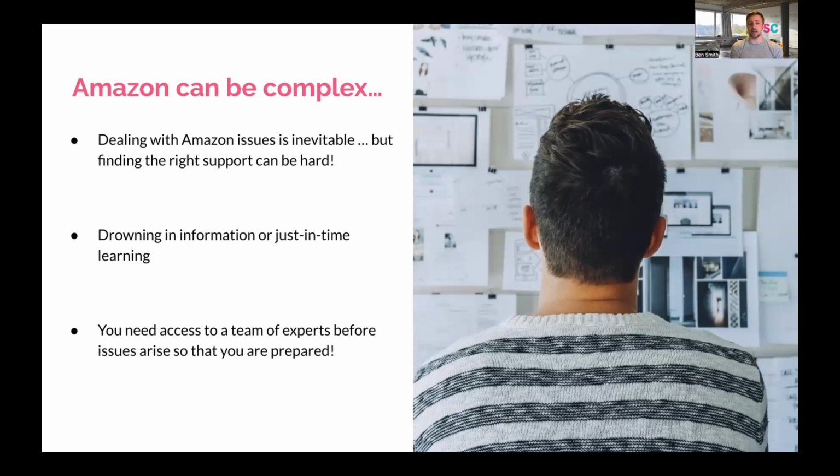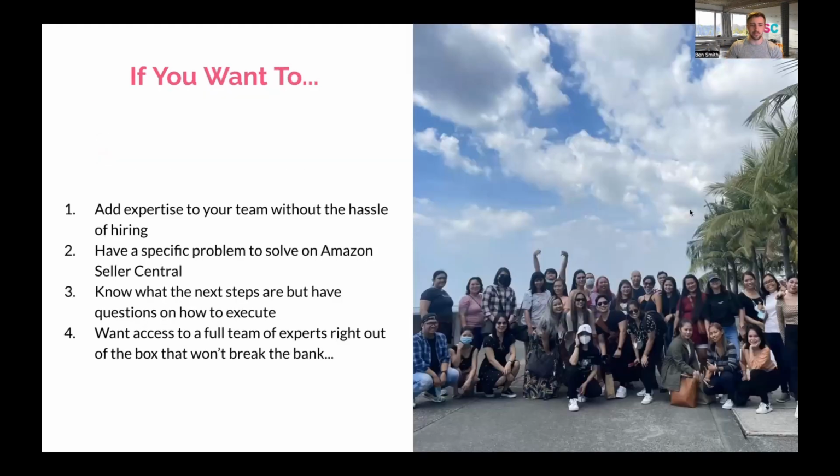The challenge is that sometimes it can be overwhelming, right? You can be drowning in the information, or if you've had a listing suspended and you're freaking out, you're now trying to do just-in-time learning. Not the best time for that, right? So again, you need access to a team of experts now, before issues arise, so that you're prepared. It doesn't matter what stage you're at.